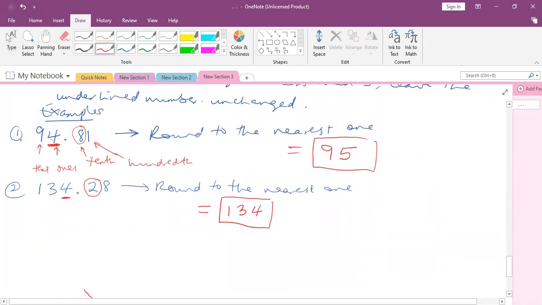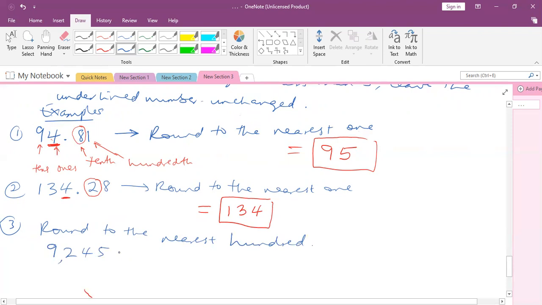Let's try another one. I want to round to the nearest 100, and the number will be 9245.